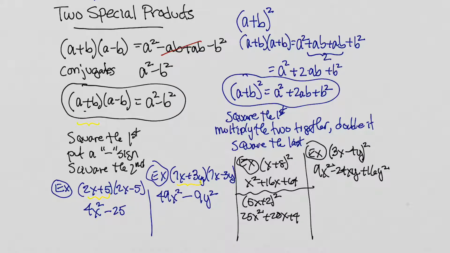Now, alert. I want to make it very clear so we don't fall into this trap. If you have something like this, a plus b squared, this is not equal to, you can't just do this. You can't just square each one of those terms. This is not equal to a squared plus b squared.